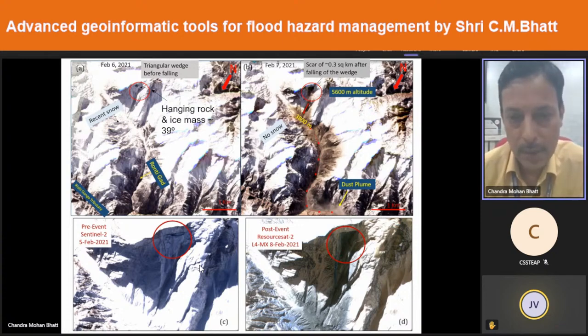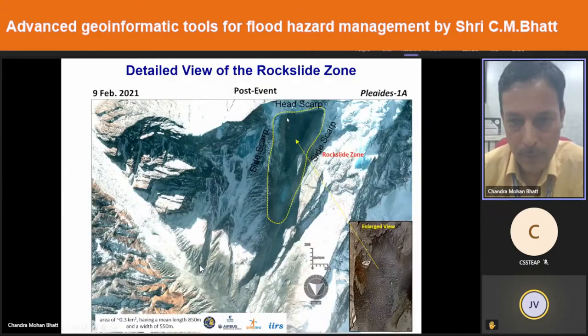This is data from the Pleiades, which shows a closer view of the place from where the mass got dislodged, and this data was obtained under the International Charter. The Charter is a mechanism where satellite data in times of crisis is given by all the space-faring nations to support such major disasters.